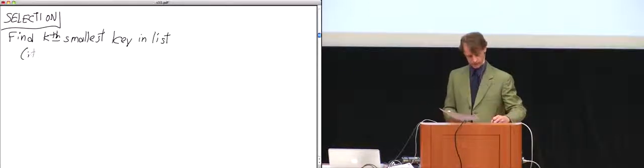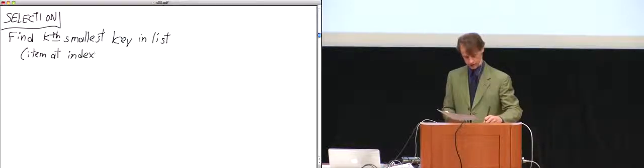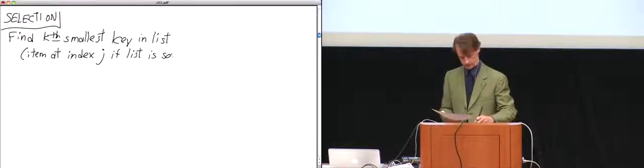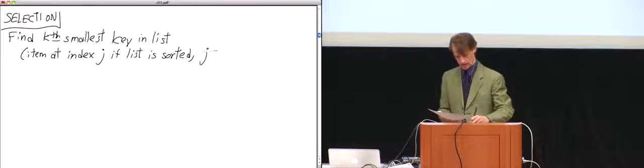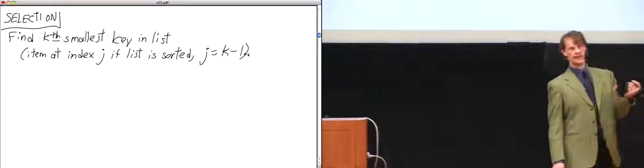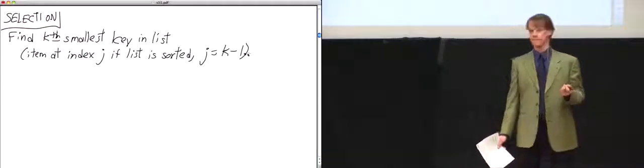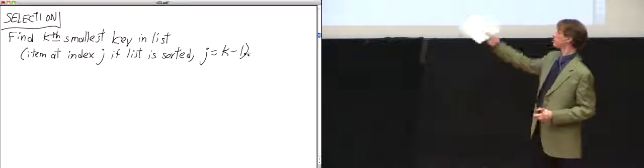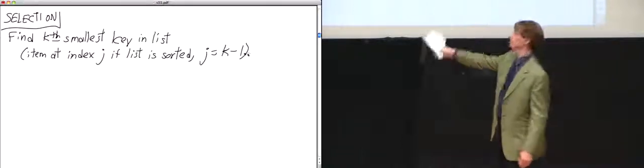In other words, to put it a different way, you want to find the item that would be at index j if the list were sorted, where j is k minus 1. So I want to find the kth smallest item for an arbitrary k in a list. The easy way to answer that question is to sort the list. We know a bunch of sorting algorithms now, and just pick out the item at index k minus 1, and that'll be the kth smallest item.